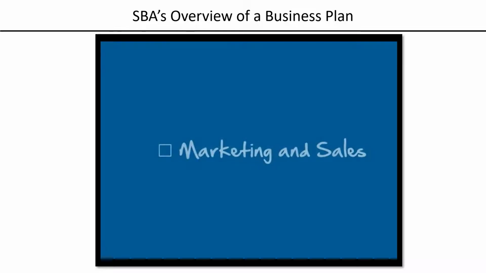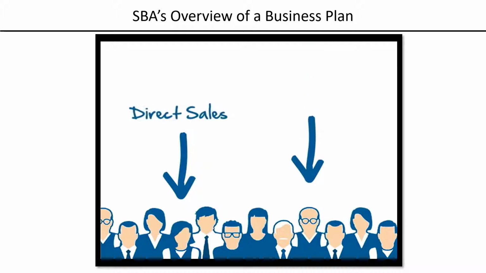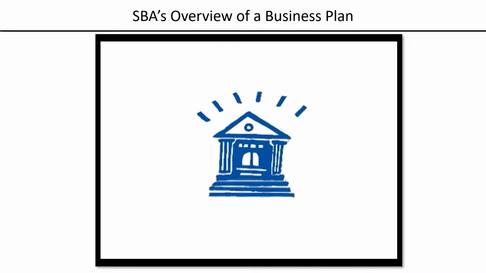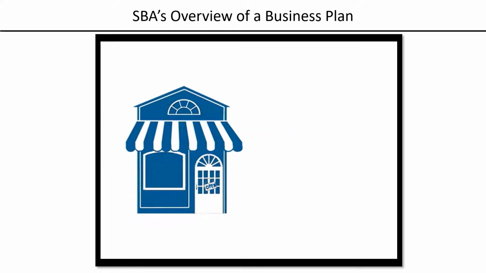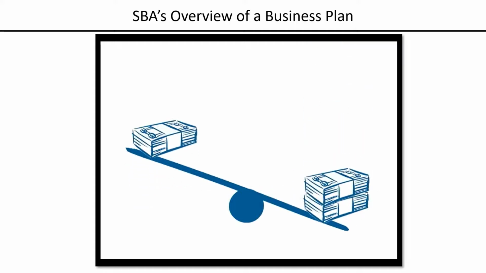Discuss marketing and sales in the 5th section of your plan. Explain how you'll identify potential customers. You'll also need to include your marketing approach. Provide financial projections in the final section of your business plan. This is important for investors and lenders because it explains how your business will meet its financial obligations and maintain a positive cash flow balance.